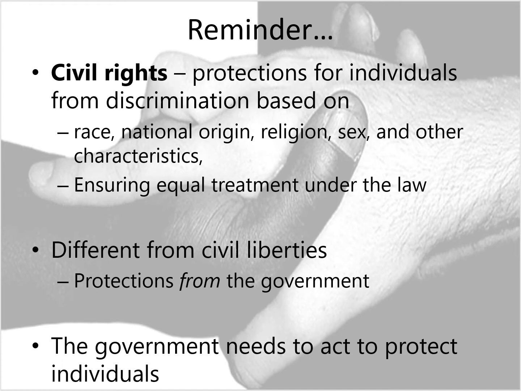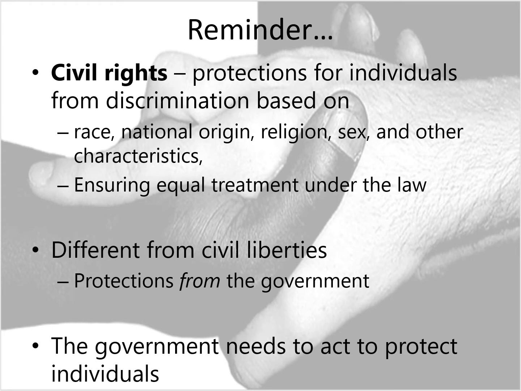And so this means that we are protected to ensure that we get that equal treatment under law, okay? So it does require that the government act to protect individuals. So the government does need to act.